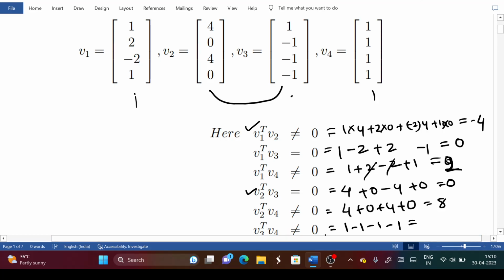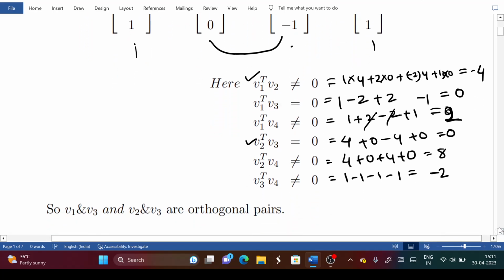That is equal to minus 2, which is non-zero. So these are all the possible orthogonal pairs. What are the pairs? v1, v2 and v1, v3 and v2, v3 are the orthogonal pairs. The rest of the vectors are not orthogonal to each other.